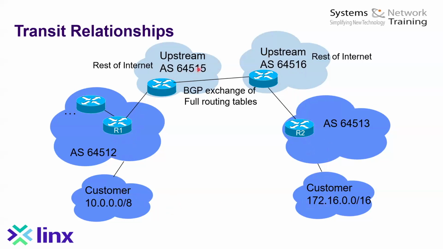So that's the packets, the actual packets will traverse this direction. You're paying a bigger service provider above you or upstream from you to get access to the internet and get access to the customers that you want to do business with. That's transit.